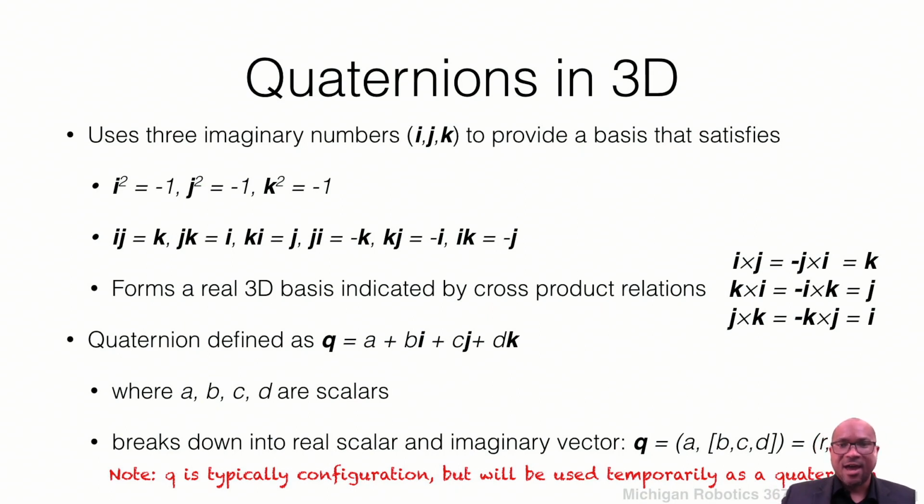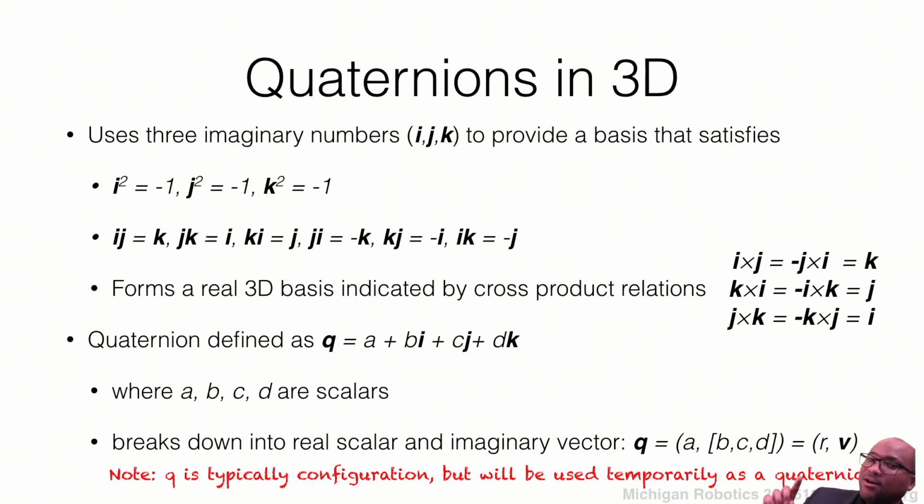Given that, our complex number as a quaternion is defined with 4 terms. We have a real component, an i component, a j component, and a k component. We can take each of those last 3 terms and put a scalar on them, and this will break down into a real and an imaginary vector.